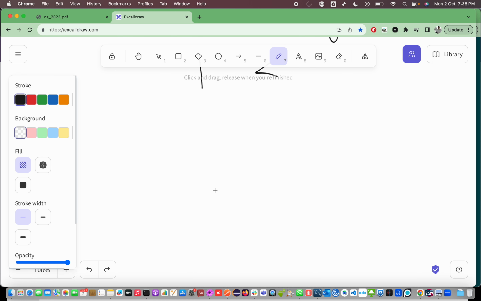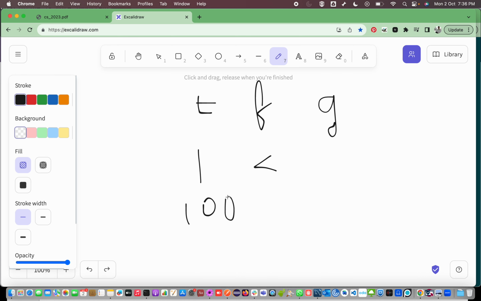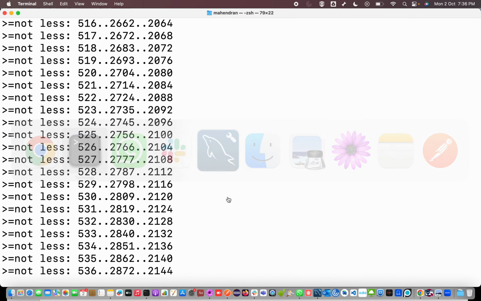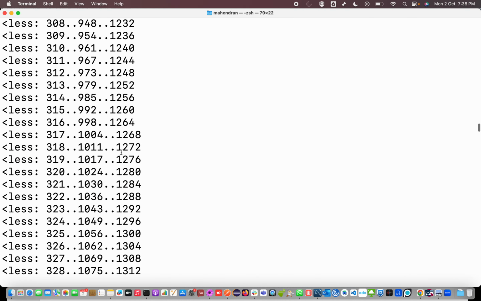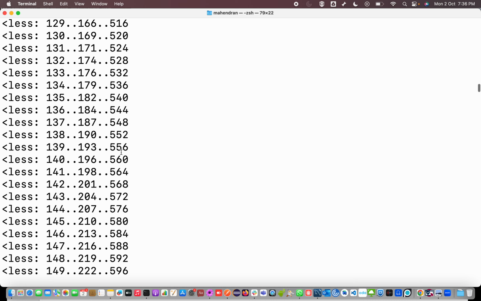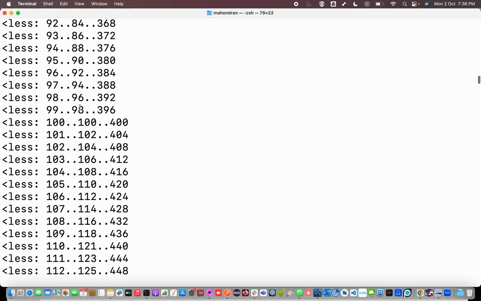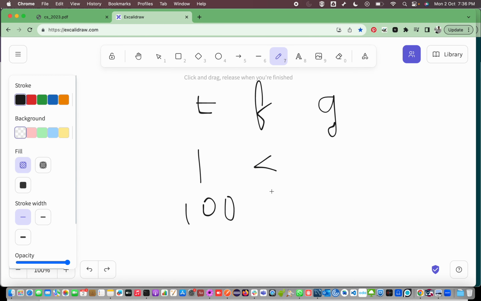T is 1 means f is less. We can put t as 100. T is 100 means 0.01 t square is actually 100 only. g is 400, so this is also less.